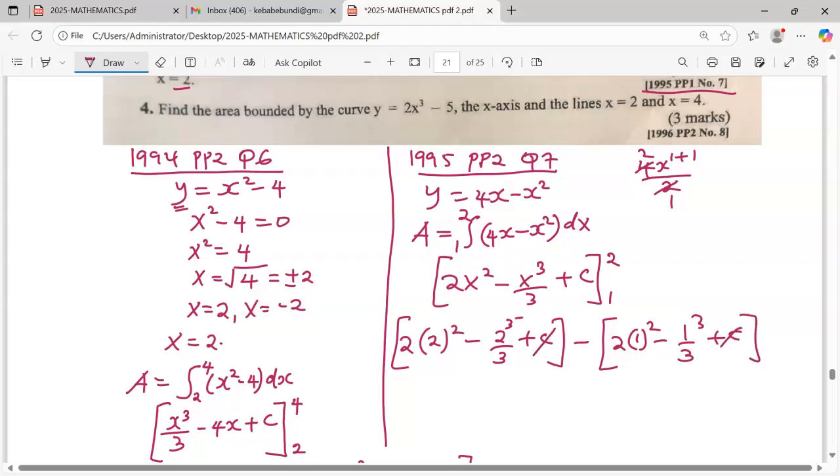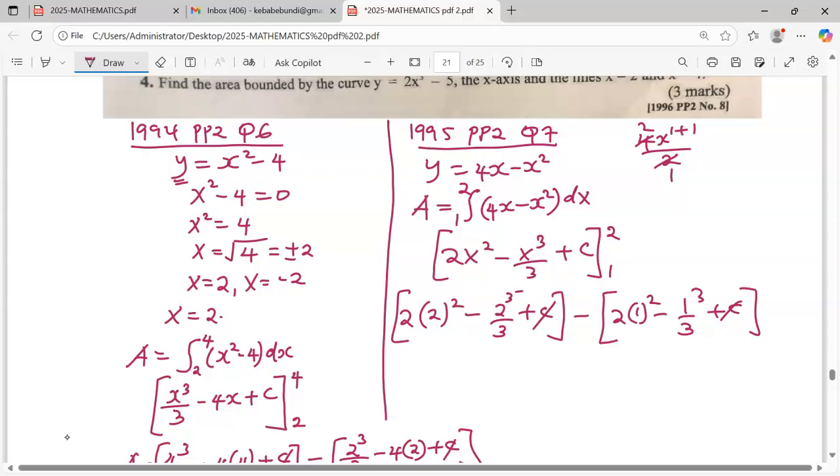C and c will cancel, meaning we are going to have 2 squared, which is 4 times 2 will give us 8, minus, we have 2 power 3 will give us 8 over 3, minus, we are going to have 2, minus a third.